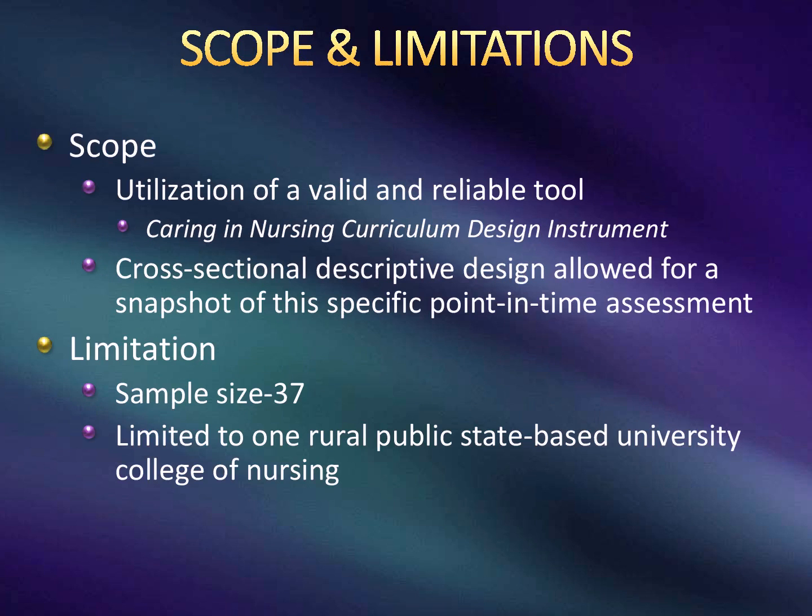This implementation project consisted of a survey utilizing the caring and nursing curriculum design instrument to assess faculty perceptions of caring and nursing curriculum at one rural public state-based undergraduate pre-licensure baccalaureate college of nursing. 37 nursing faculty completed the electronic survey received from one rural public state-based undergraduate pre-licensure baccalaureate college of nursing. This limited the generalization of the results.